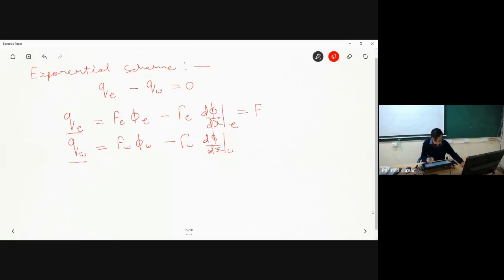If you calculate QE, you will find the final expression as FE times phi P plus phi P minus phi E divided by exponential of Peclet number minus 1. Did you get this expression?